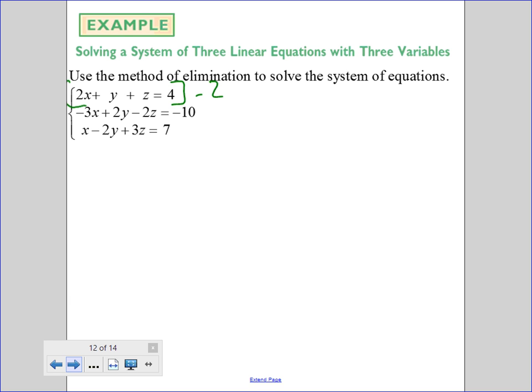So I'll multiply by -2. When we do that, we get -4x plus -3x, which is -7x, and then the y's cancel out because it's -2y plus 2y, which is 0. Then I'll do -2z plus -2z, which is -4z, and that is equal to -18.